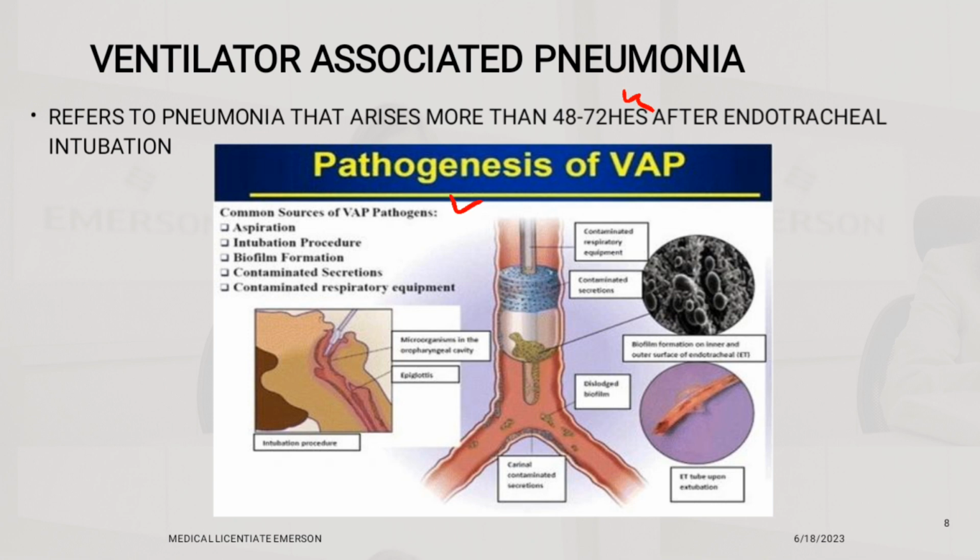It can also be due to aspiration, due to the intubation procedure, biofilm formation, contaminated secretions, or contaminated respiratory equipment, as shown in the picture. So these are the common sources of ventilator-associated pneumonia pathogens.